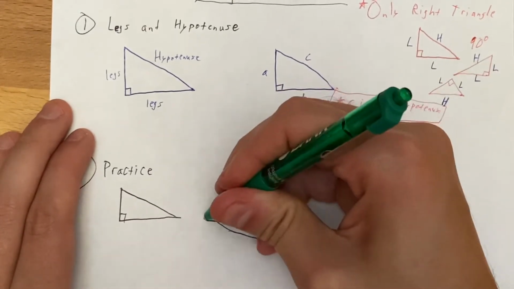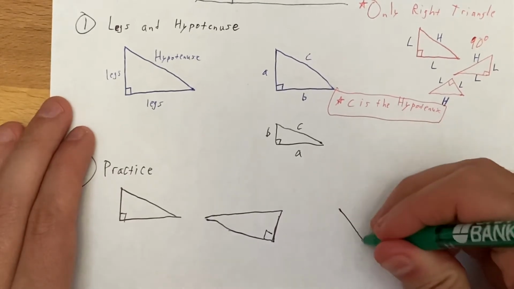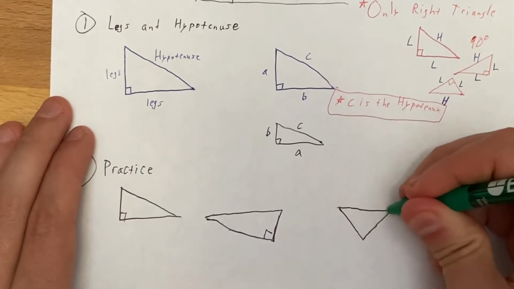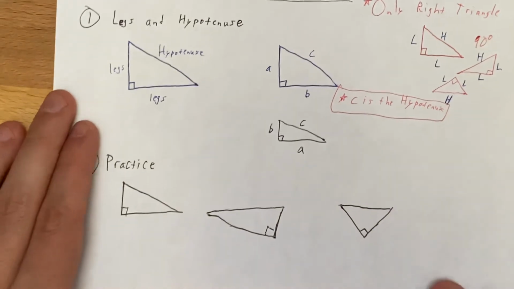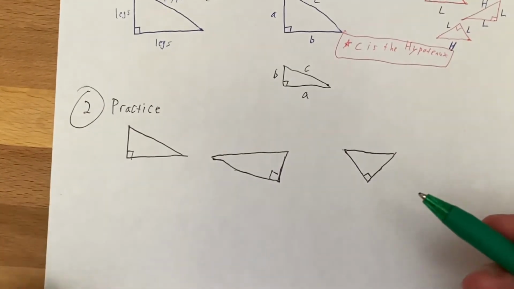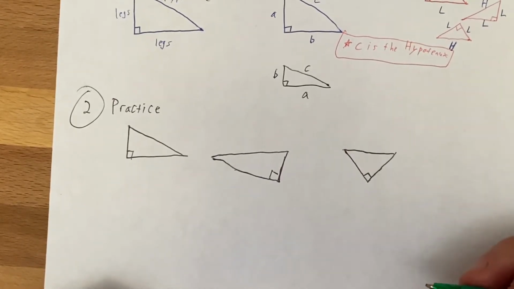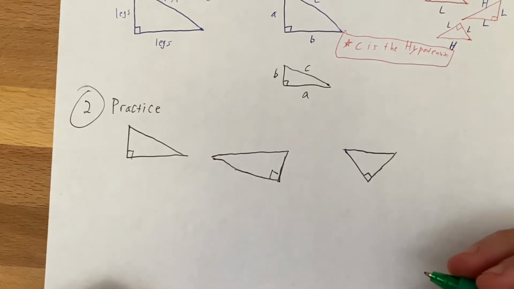As soon as my pen works, boop, boop. And let's do this one like here. So I put up three problems. All I want you to do is say which ones are the legs and which ones are the hypotenuses. And once again, I'm just going to go over it in about 5 seconds, so just go ahead and pause before I do that.